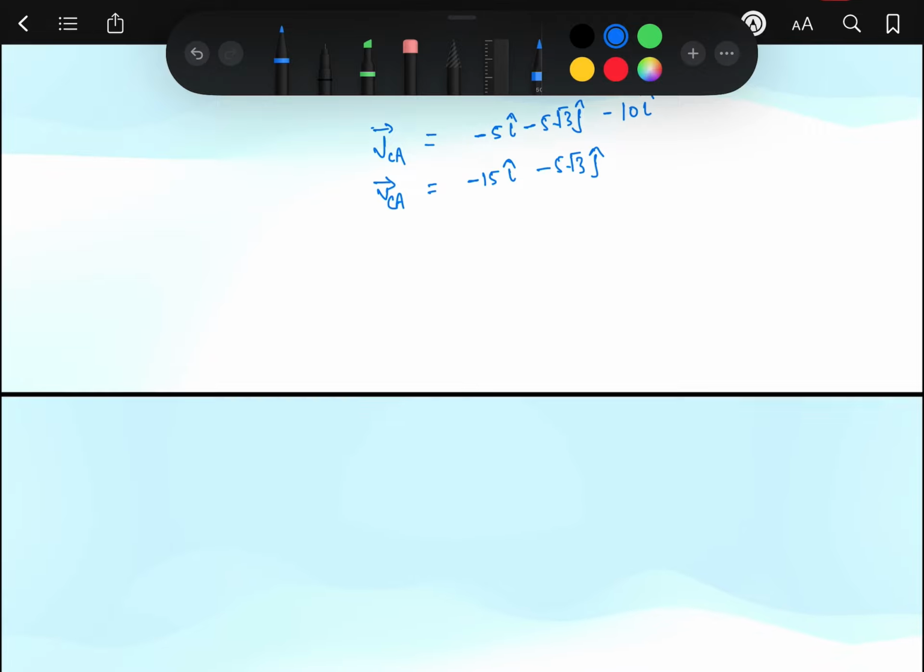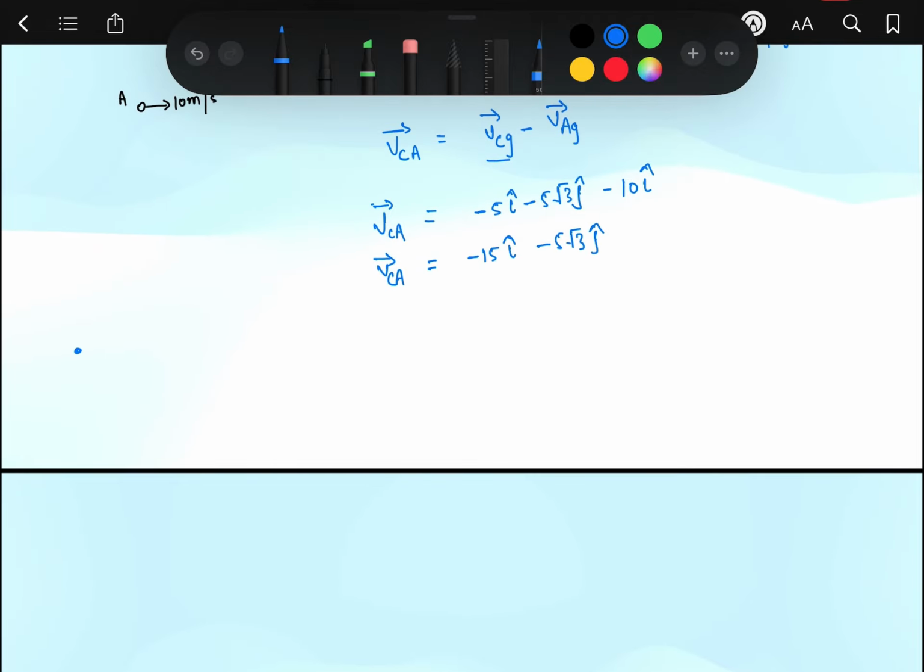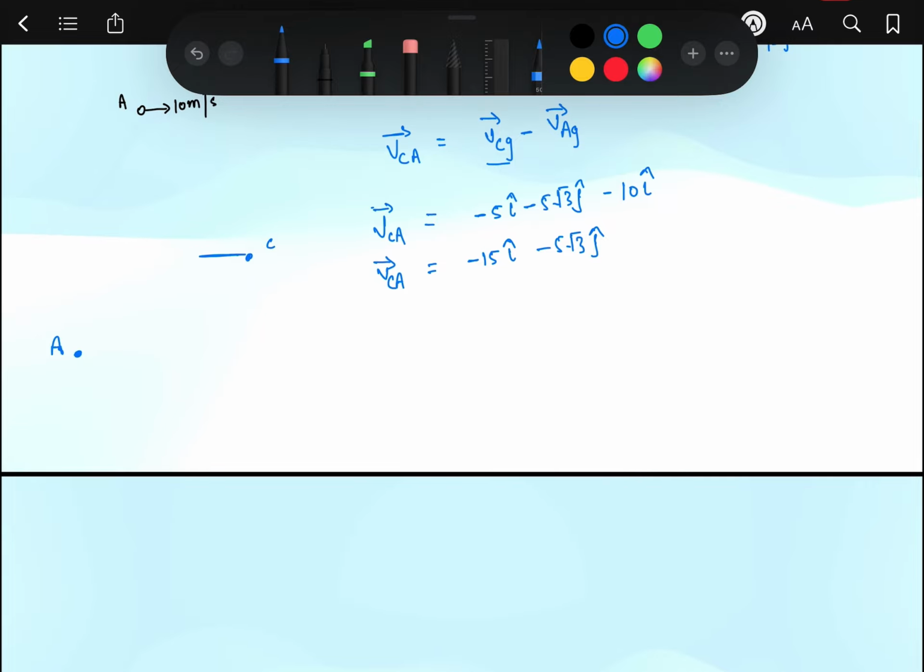In the frame of reference of A, particle A will be at rest, and this is our particle C. When I observe particle C from A, it has a horizontal component of velocity equal to 15 in the negative direction and a vertical component equal to 5 root 3 in the negative direction.